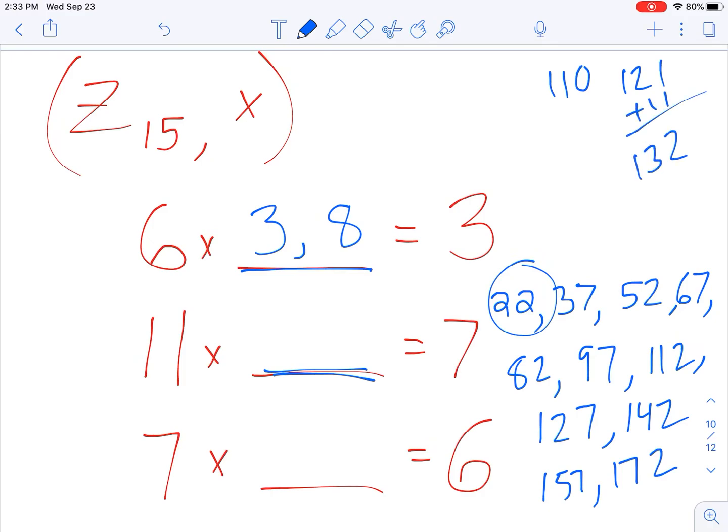So that'd be 132. 11 times 13, well, I'd add on 11. I would get 143. Okay, so nothing else is a multiple of 11 in here. So the only value that fits is 2.